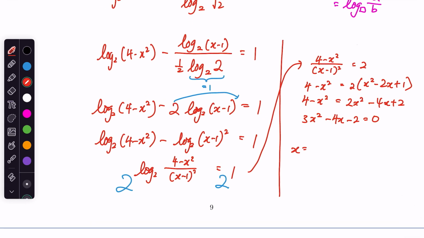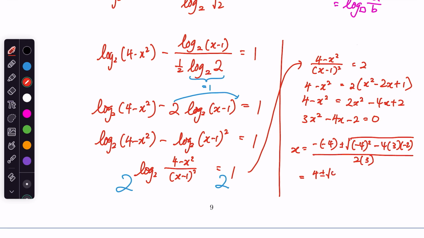So I'll put this, minus b plus minus root of b squared minus 4ac, over 2 times a. And this is 4 plus minus root 40 over 6. And if I type it into the calculator, I will get two values. This, or that.